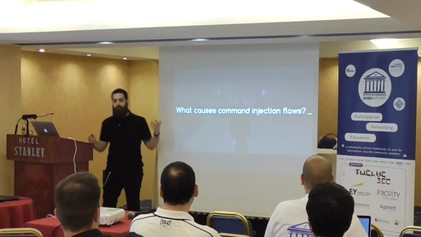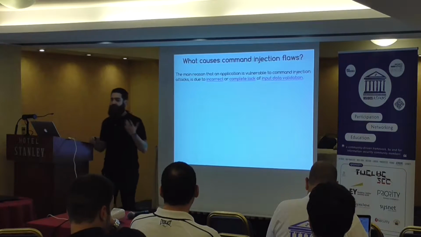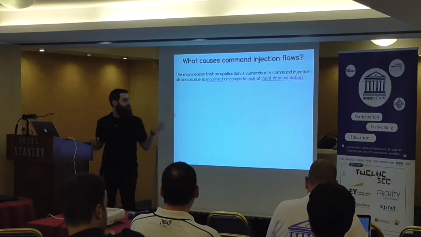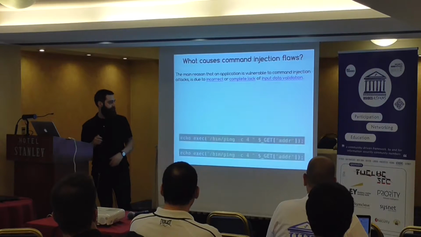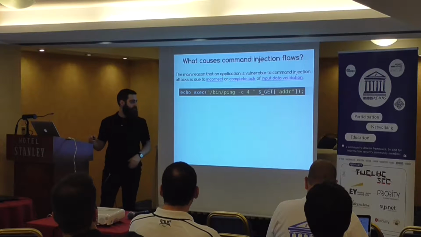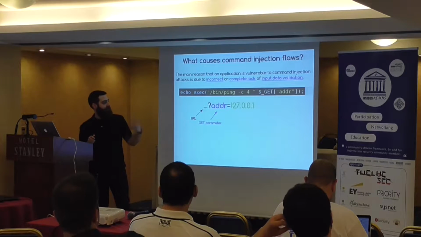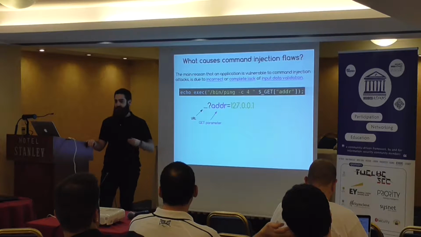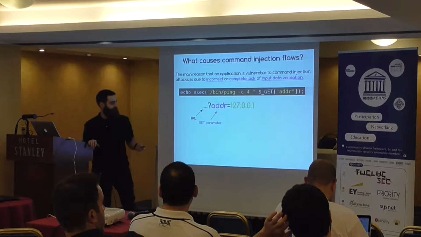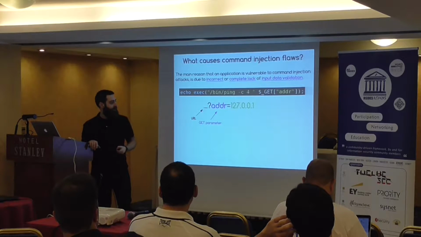But let's see what causes command injection flaws. The main reason that an application is vulnerable to command injection attacks is due to incorrect or complete lack of input data validation. For example, the following piece of code gets an IP address through the getADR parameter, and after that, the ping command is executed over the provided IP address, and the result of the execution is echoed in the script.